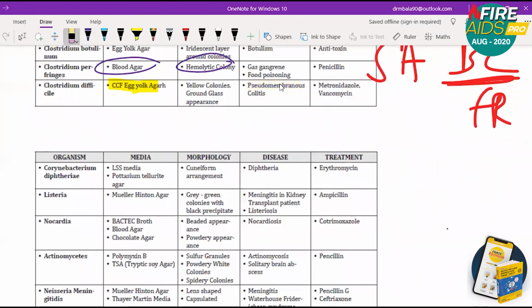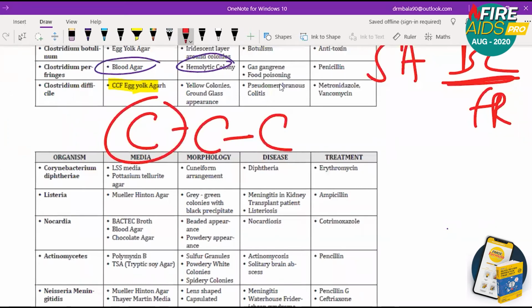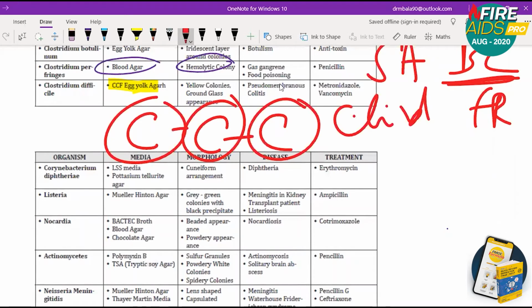I want you to remember C, C, C. C is for CCF agar, C is for colitis, C is for antibiotics, which can be clindamycin and cephalosporin. So C, C, C, that is for Clostridium difficile.